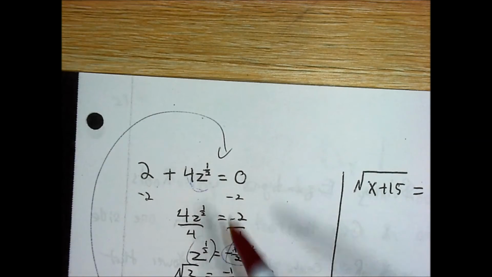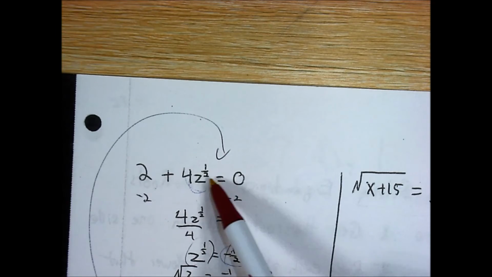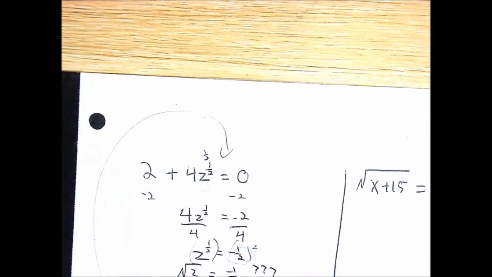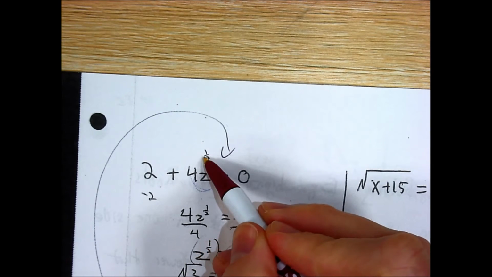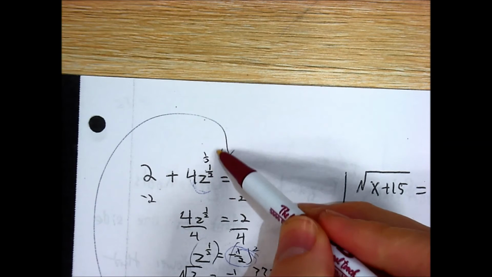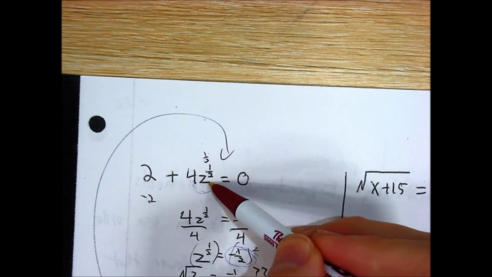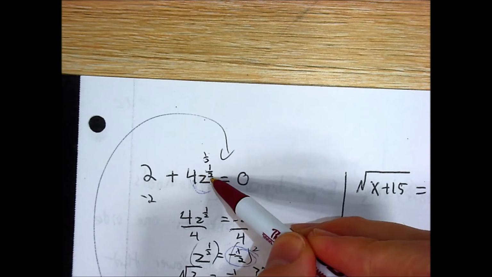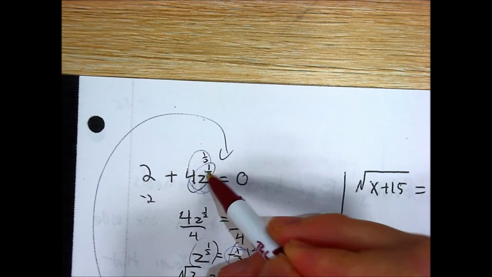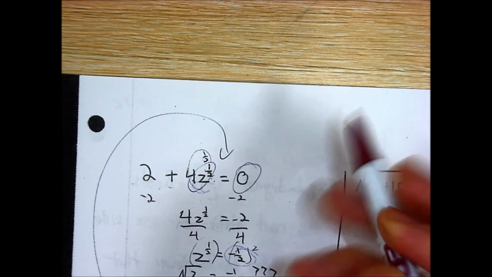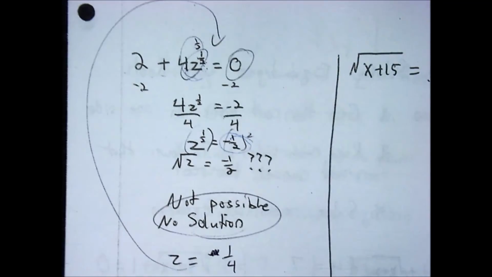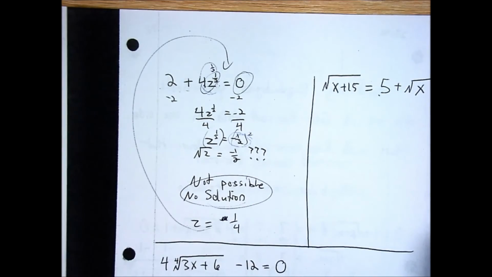So we have 1/4 to the 1/2 power is going to be a half. 4 times a half would be 2. The square root of 1/4 is a half, times 4 is 2. There it's still 2. And 2 plus 2 is 4, not equal to 0, and you would still get no solution at the end.